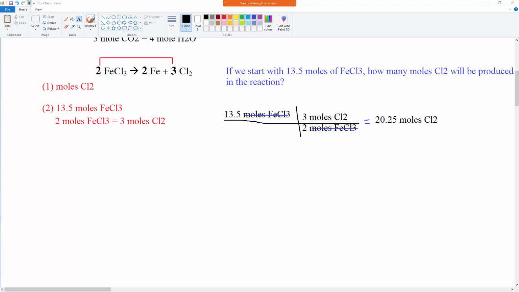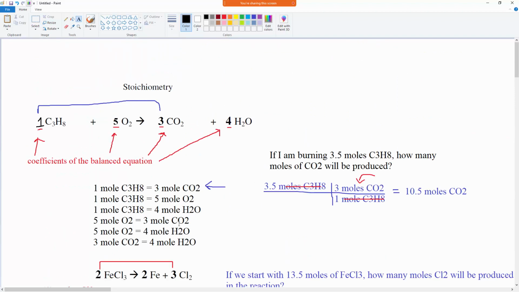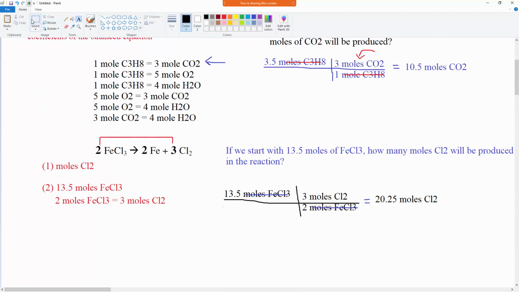Let's go back up to this equation right here. We can do another one in there.